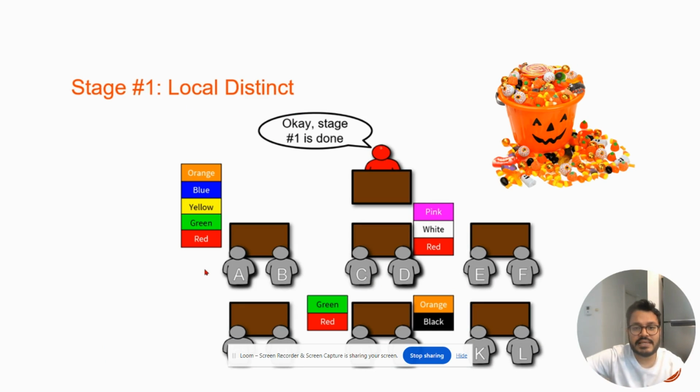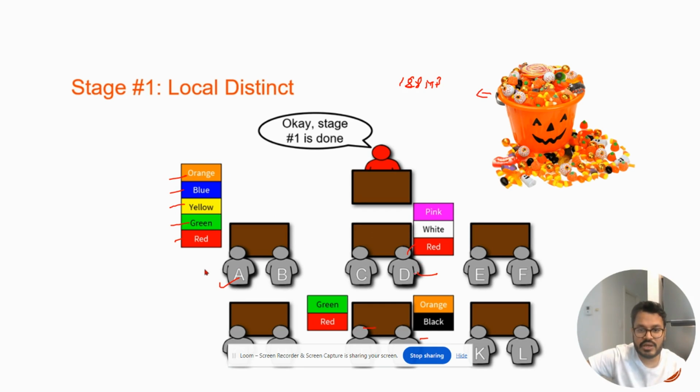The driver gives an instruction to count the distinct number of candies. Your candies get broken up into 128 MB partition files, and then they get distributed among, let's say, your A core, D core, and other cores. Then the A core counts the orange, blue, yellow, and green candies.